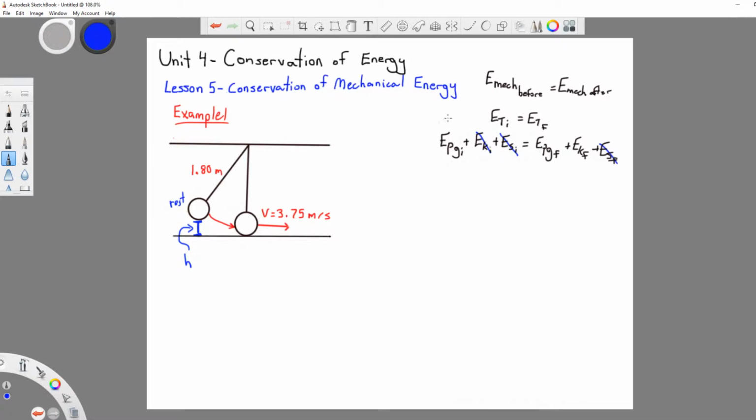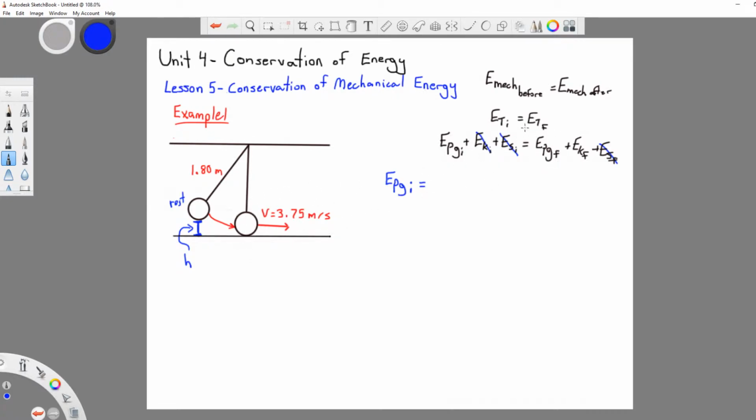All right, so we have energy potential due to gravity initial here. So let's simplify this down and move this over here and say EPG initial, that's our only energy source initially, is equal to, well, we haven't finished crossing these out. When this bob gets to ground level, it no longer has any potential energy. Its height is effectively 0.